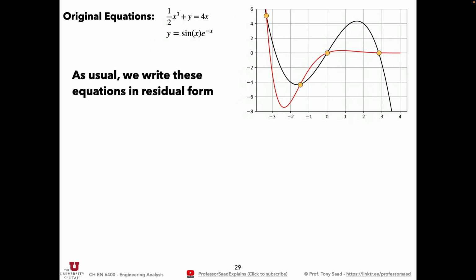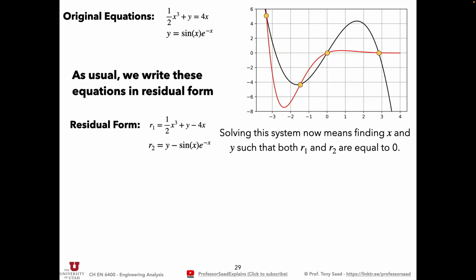Now, as usual, we also write these equations in residual form. You move everything either to the left-hand side or to the right-hand side, and you define these new residual functions. We're going to call them now R1, R2, R3. If you have 50 equations, you have 50 residuals. If you have 1,000, you're going to have 1,000 residual functions. But we put everything on the left-hand side or on the right-hand side, whichever you prefer, because those are going to be set equal to 0 eventually.